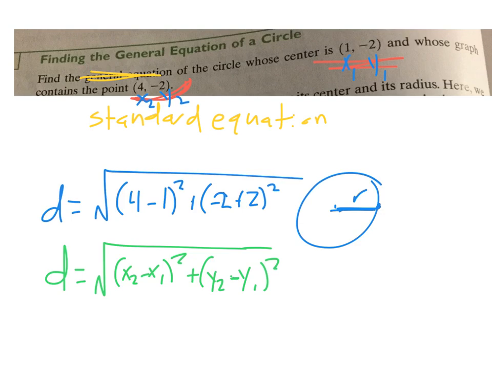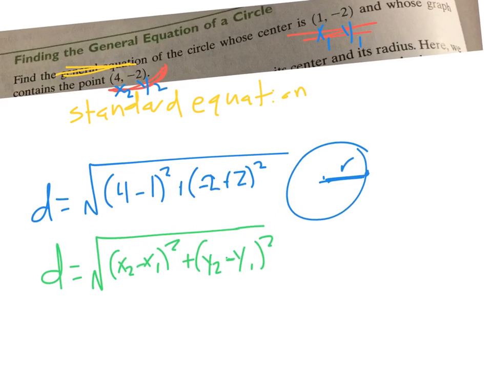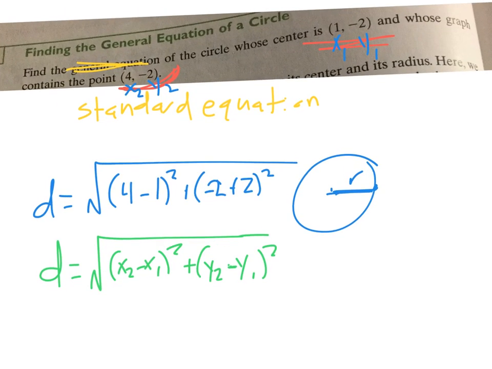Okay, simplifying that, that's going to give me the square root of 3 squared plus 0 squared, which is the square root of 9, which is 3. So the distance from the center to the edge is 3. That means that the radius of my circle is 3.